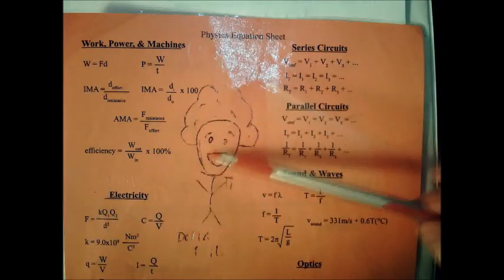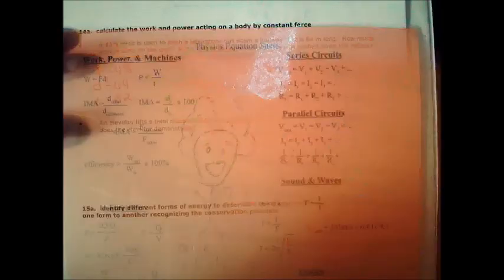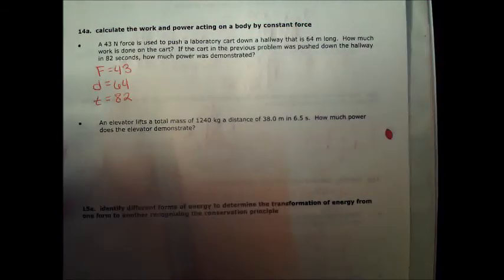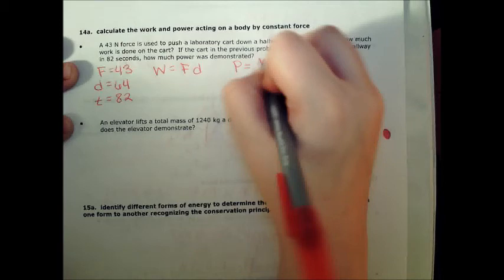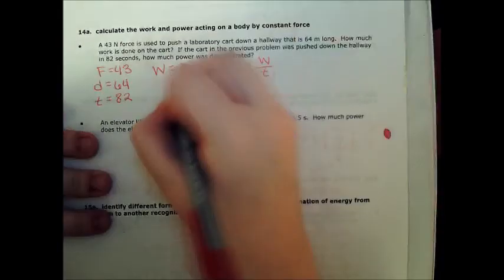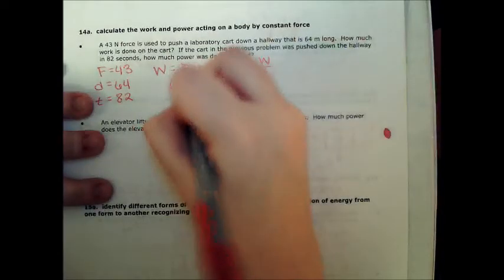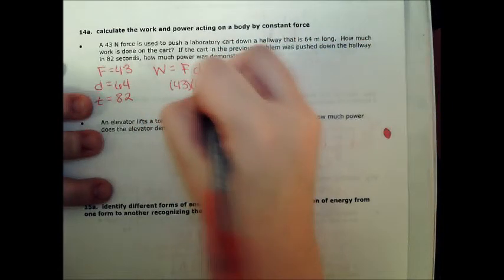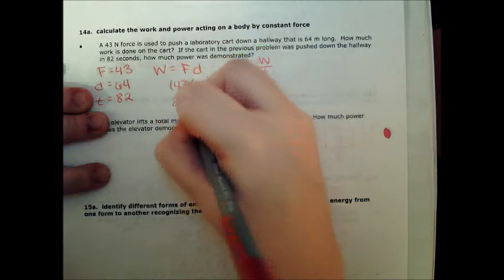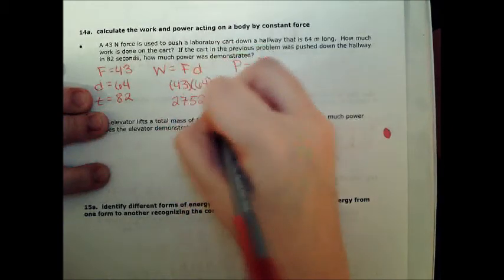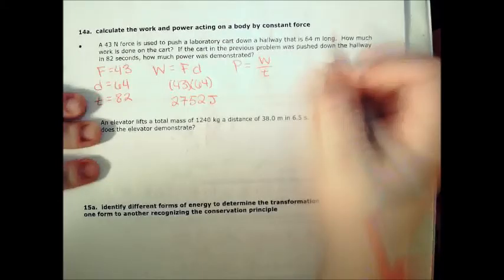But work, power, and machines, we have these two lovely formulas up here. They tell us that work equals force times distance, and power equals work over time. So for the first part, we'll do 43 times 64, which will give us 2,752 joules of work.